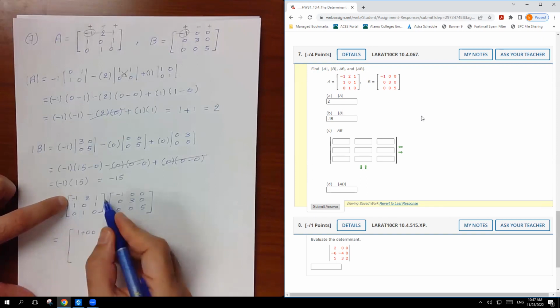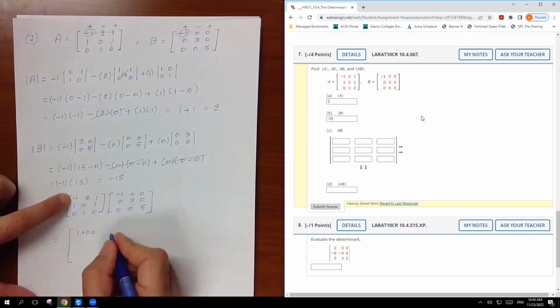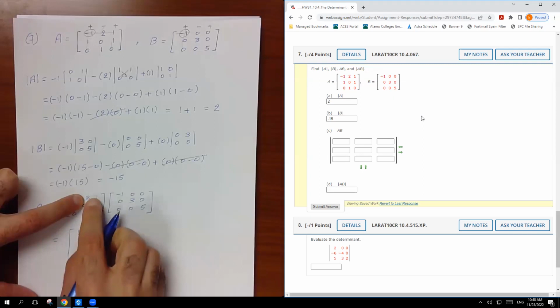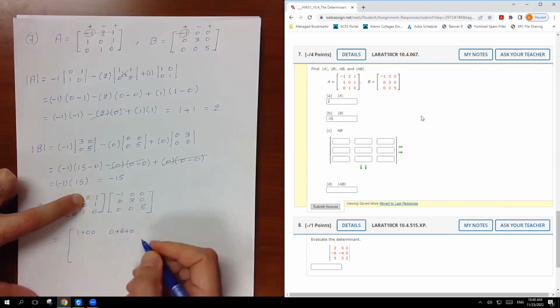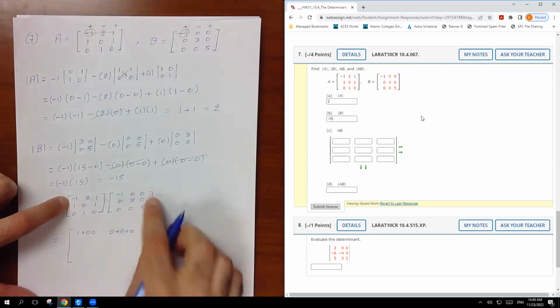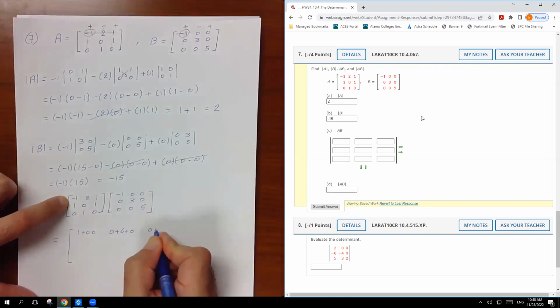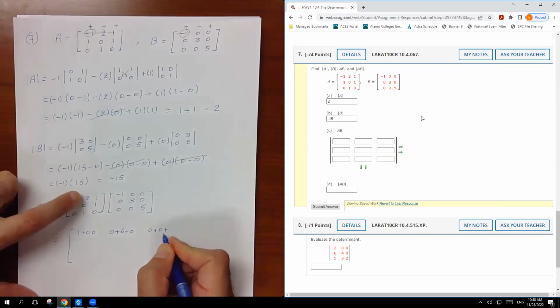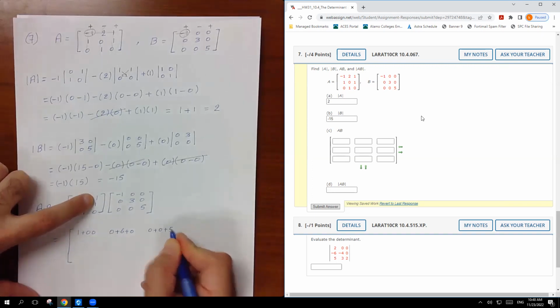Now the first row with the second column. So it's going to be -1 times 0 is going to be 0, plus 2 times 3 is going to be 6, plus 1 times 0 is going to be 0. Now the first row with the third column. So -1 times 0 is going to be 0, plus 2 times 0 is going to be 0, plus 1 times 5 is going to be 5.